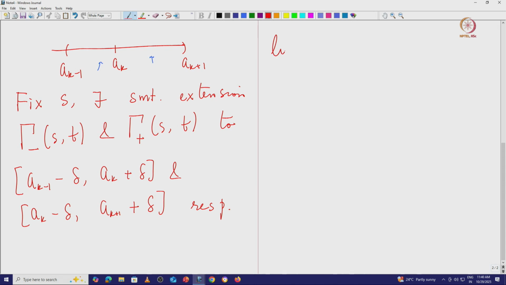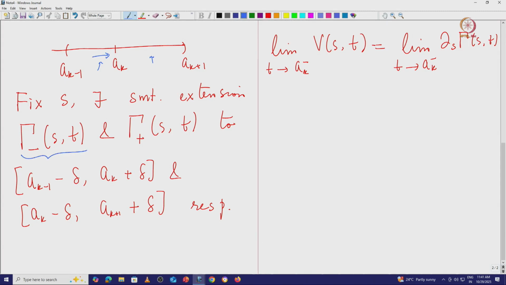Okay, so now what will be the limit as t approaches a_k from the left of v of s, t. What was v of s, t? That was simply the s derivative of gamma s, t, but since we are approaching a_k from the left, I might as well look at the extension of gamma to the left of a_k, right.